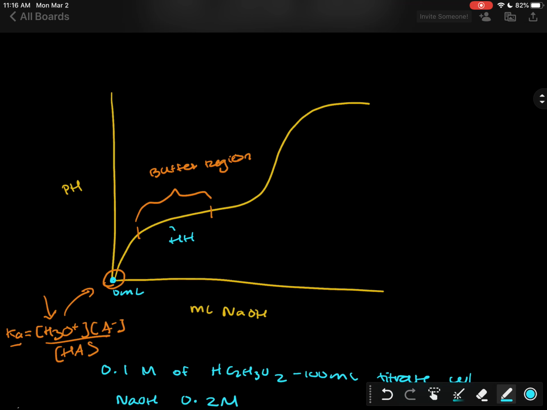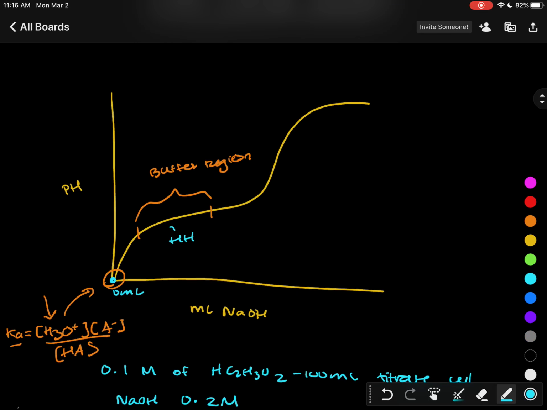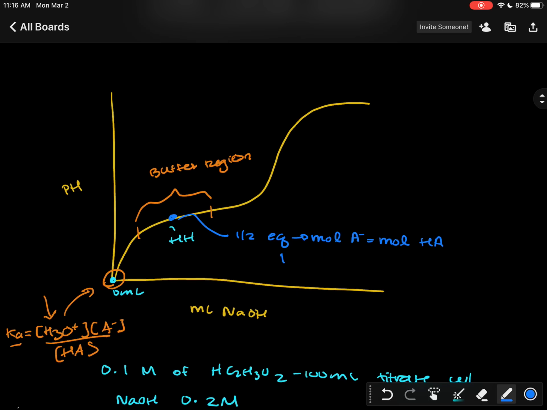The point that's especially unique is the half equivalence point. So let's say that this right here is the half equivalence point. The half equivalence point is where our moles of A minus equals moles of HA, and at this point our pH equals our pKa.